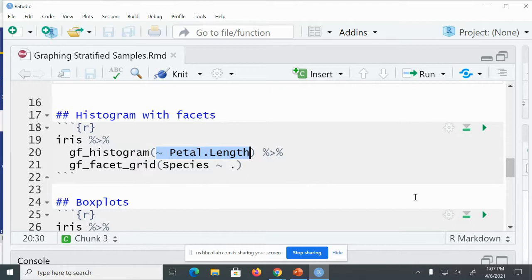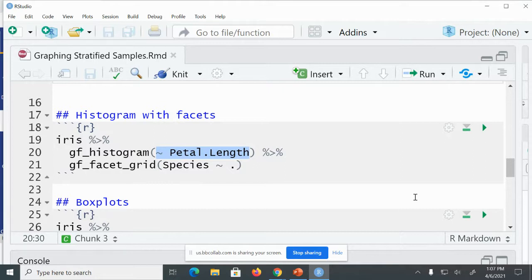Yeah. Caitlin, sorry. It's okay. What does the squiggle do? Good question. So the squiggle is setting up a formula of like y squiggle x. And you'll see this if you do linear regression in R as well. That has the formula y squiggle x. So if there were something before the squiggle, that would be what we want graphed on the y-axis of our graph.